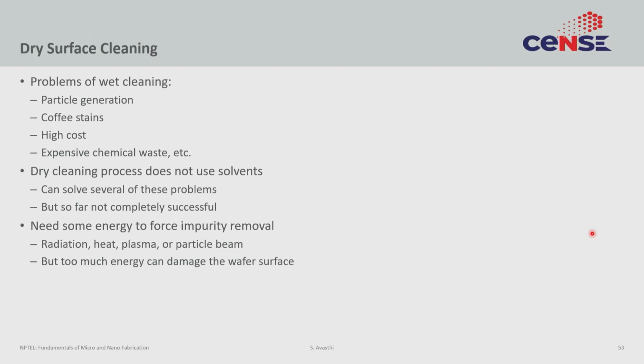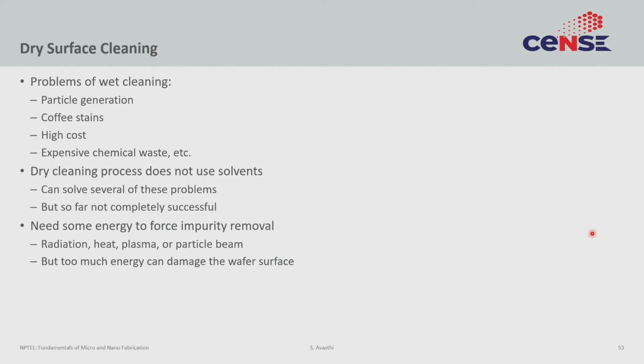Then there is a high cost because liquids tend to be very wasteful. You use gallons of liquid for 25 wafers. Most of the liquid gets thrown away or consumed inefficiently, which is costly. And then you generate waste, which is also very expensive to get rid of. It's an environmental hazard, and also it's a safety hazard.